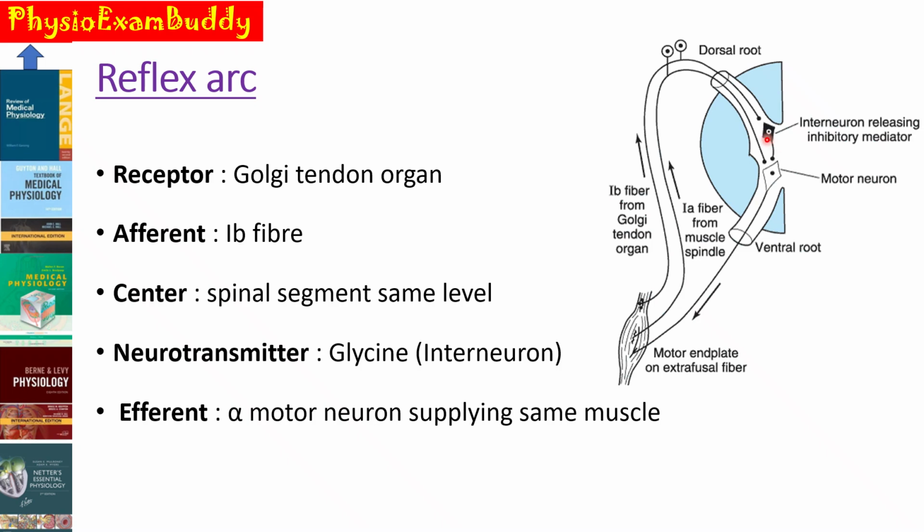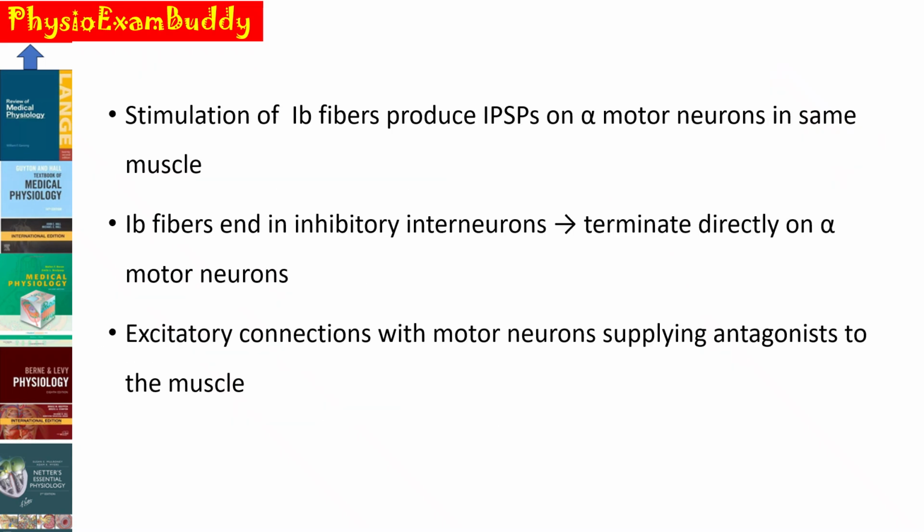The neurotransmitter secreted by this interneuron is an inhibitory mediator, usually glycine. From there, the impulses move on to the efferent neuron. The efferent is the alpha motor neuron supplying the same skeletal muscle. So that is the reflex arc of the inverse stretch reflex.